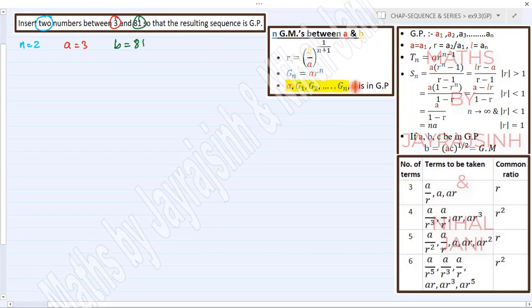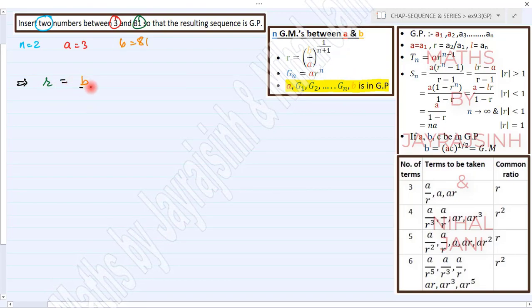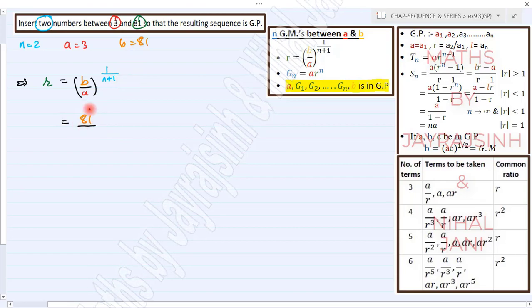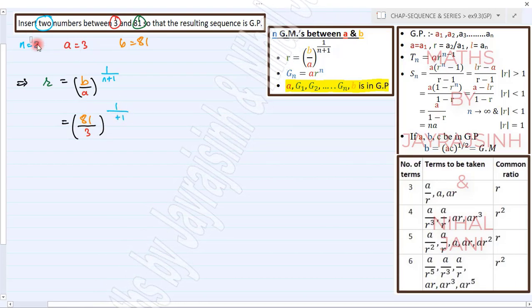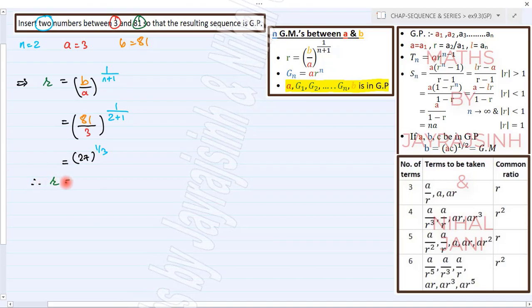That means we have to insert two GMs, and for that the first thing we need is (b by a) raised to 1 upon n plus 1, where b is 81, a is 3 and the value of n is 2. So here we get 27 raised to 1 by 3, or we can say r is 3.